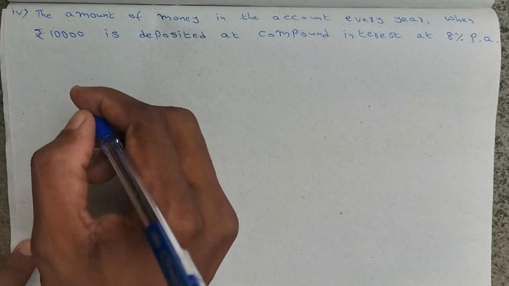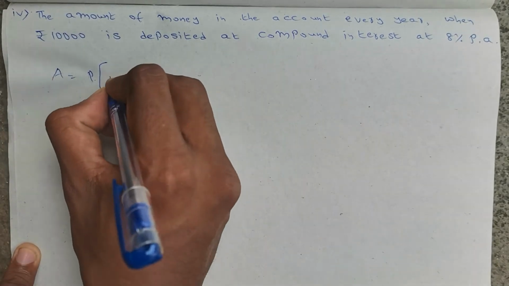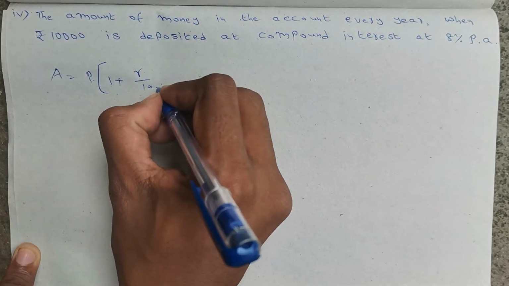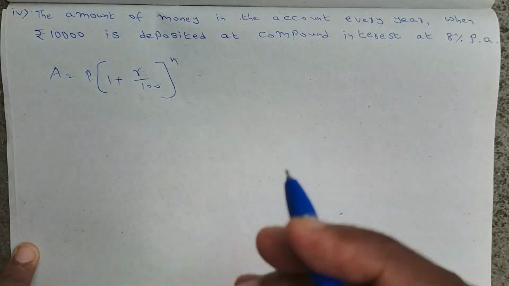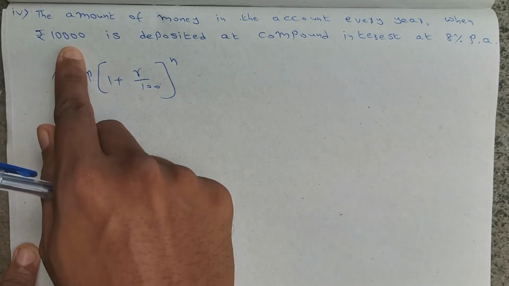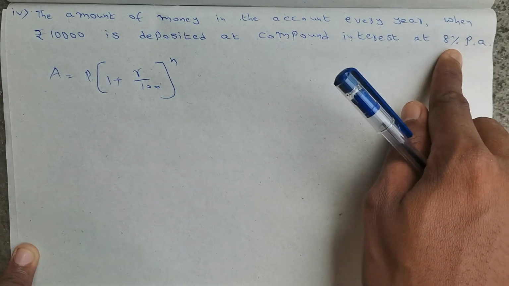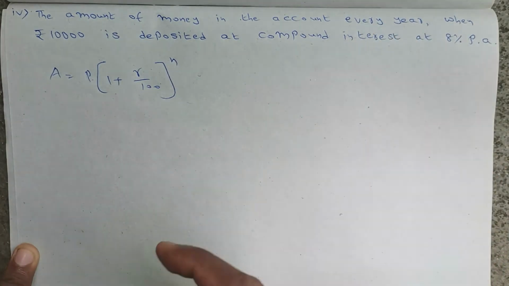Here the compound interest formula, amount is equal to P times (1 plus R by 100) to the power n. Here the amount we need to find, and principal is 10,000 which he deposited, and R is the rate of interest, that is 8, and n is every year.